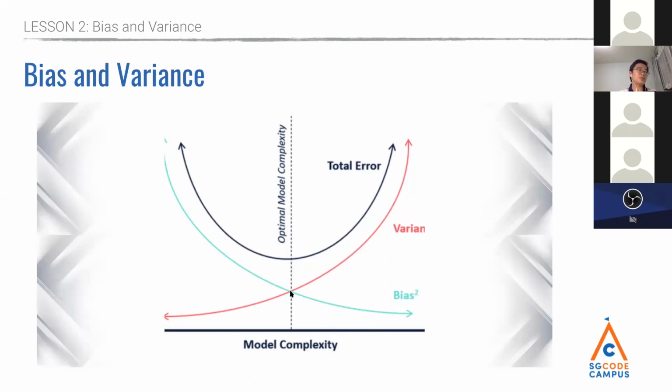We want to minimize them together, but actually they are inversely related. If you decrease bias, you probably have increased your variance. So it's important to find a model at this point where you are able to minimize both.